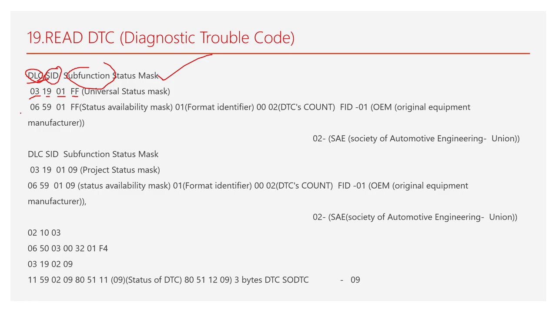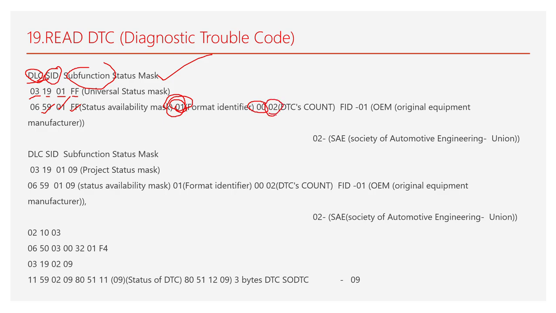Okay, the positive response is 59, so service ID plus 40. And what subfunction am I taking? The status availability mask, which is FF. Then that is 01, the format identifier. See, this is the format identifier. And this is the DTC count: how many DTCs do I have? 0002.